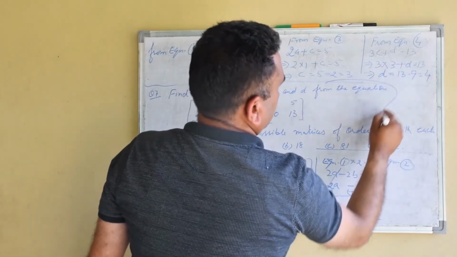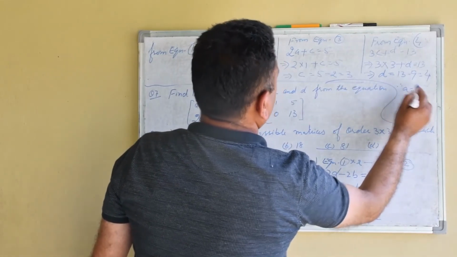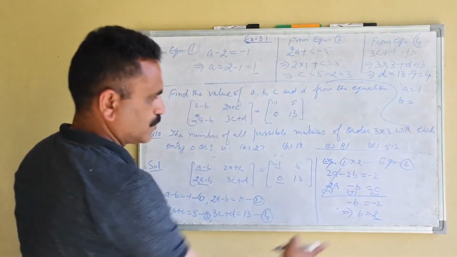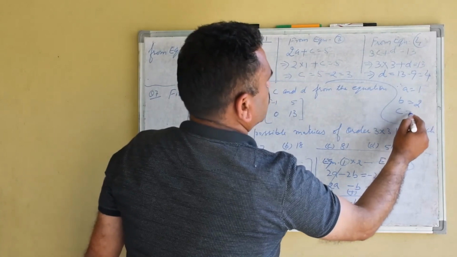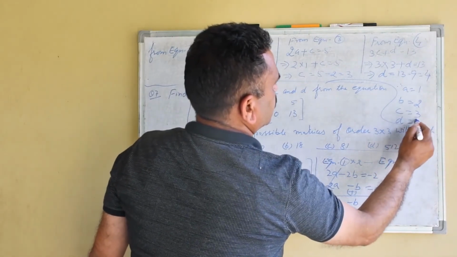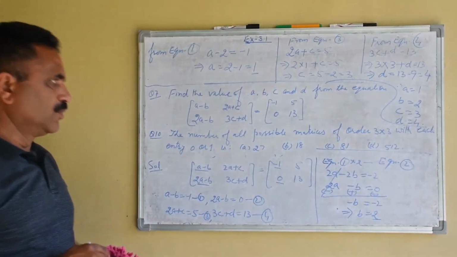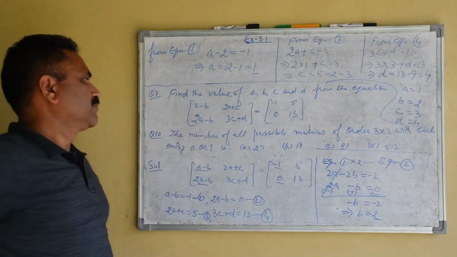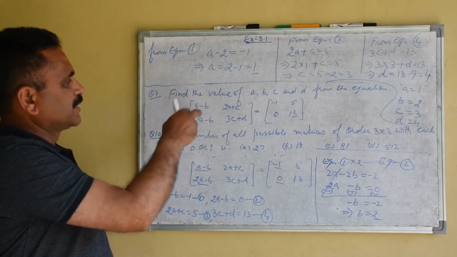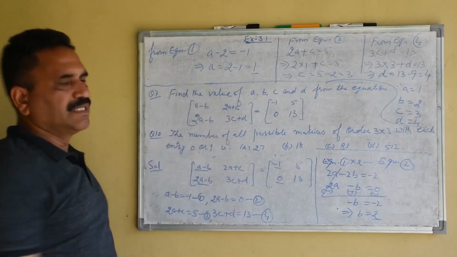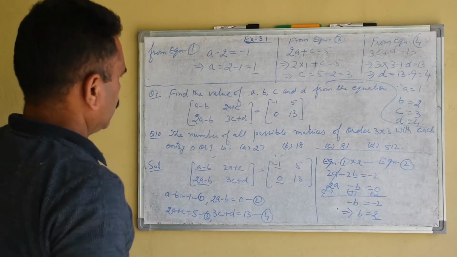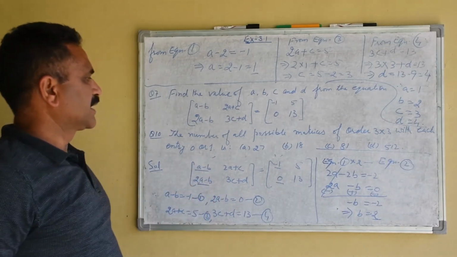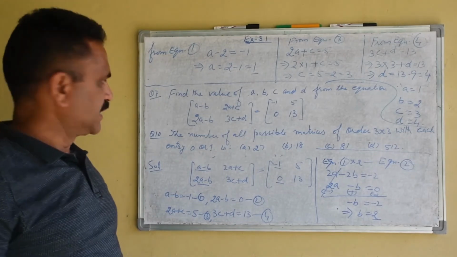So what is our answer? Therefore a is equal to 1, b is equal to 2, c is equal to 3, d is equal to 4. These are the values of the unknown arbitrary constants a, b, c, d, and we can get them by the concept of equality of matrices.